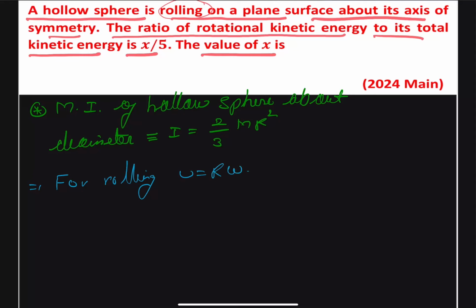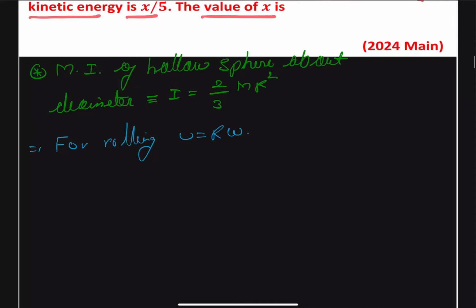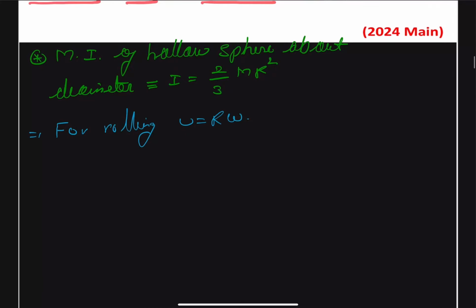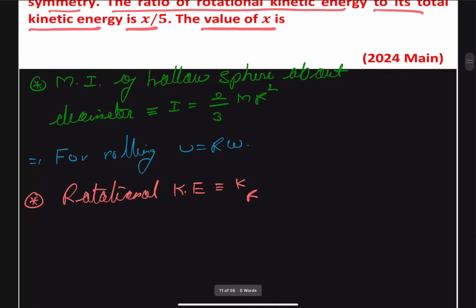Now we have to find out the rotational kinetic energy. Let us call this Kr, and that will be equal to half I omega square.